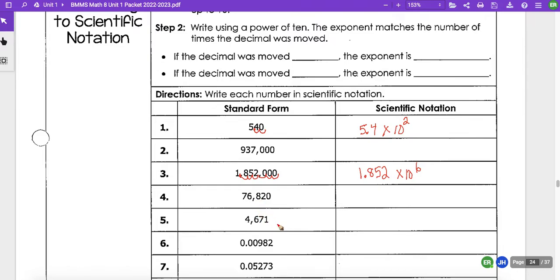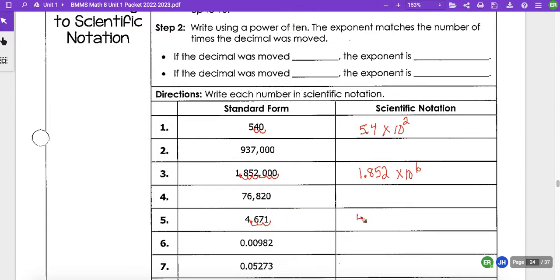Okay, let's look at another example. So we're going to start right here. There's no decimal. So we start at the end here. And we're going to go to our new position. 1, 2, 3. So our new position is right here. We have one number to the left. And we moved 3 places, so we need to remember that for our exponent.